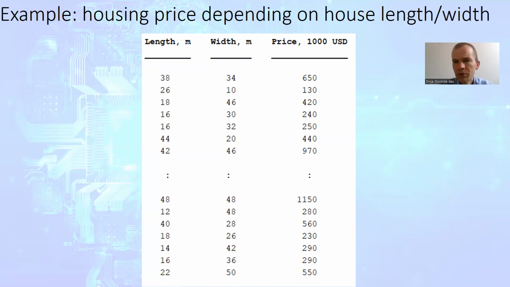General parameters, the length and width of the house, and then its price in the thousands of dollars. So we have such information. You can see, for example, the first house has length and width of 38 and 34 meters, and it costs $650,000. So and so on.